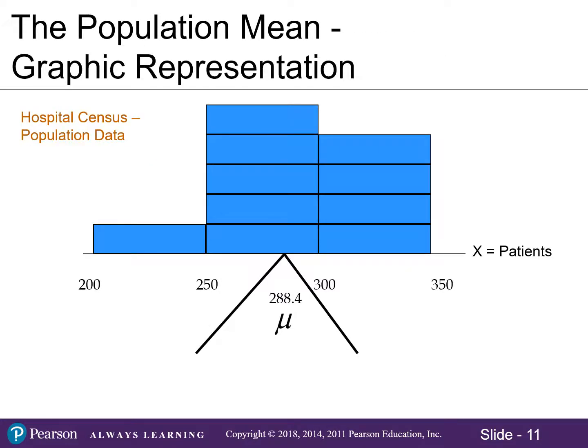Physically, one way you can think about the mean, and this is fairly common, is as if the graph had weight, it would be the balancing point. So if you imagine that x-axis we're looking at here as being like a board, and then I took the blue bricks and stacked them on the board, representing a histogram from what we did in chapter 2, where I would place a wedge so that it would balance like a teeter-totter would be at the mean.